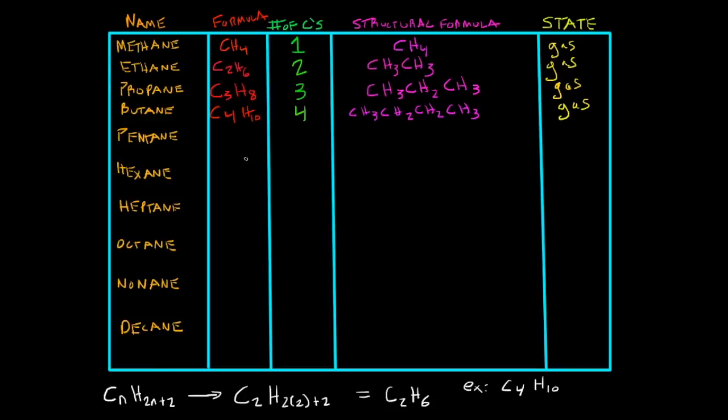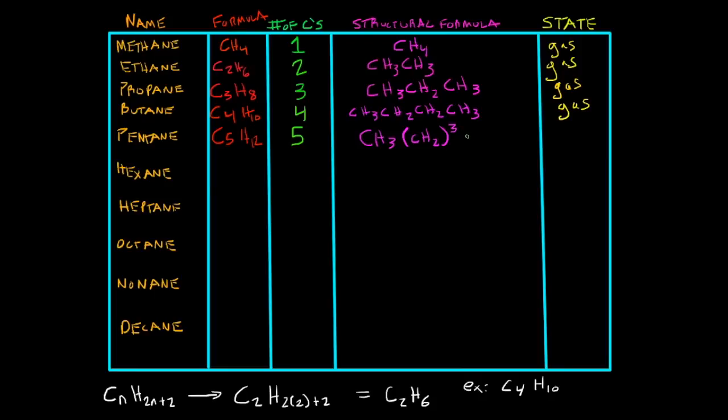Pentane is 5. Think about it like penta is 5: C5H12, with 5 carbons. I'm going to start writing these now with just the outsides, and on the inside I'm going to write CH3, then CH2 to the 3, and CH3.